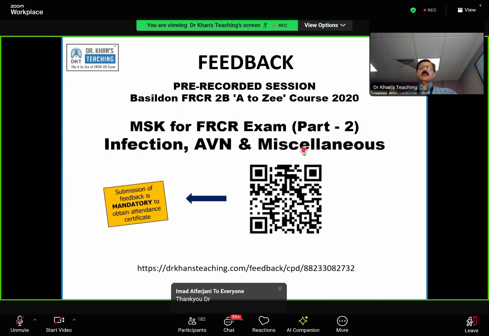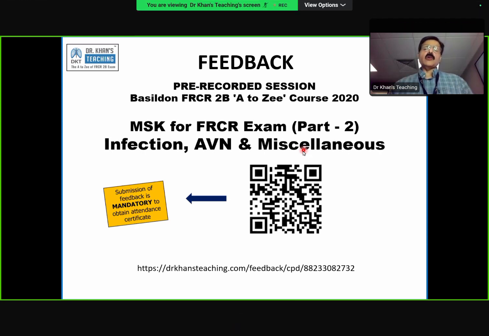Normal disc signal will be high and discitis would also be high. You are talking about normal disc as in annulus fibrosus and nucleus pulposus. Nucleus pulposus will be high. That will be a very healthy disc, and don't confuse it with the high signal of a spondylodiscitis, where the disc will not be healthy, it will be abnormal, reduced in height, etc. You won't find that normal signal.